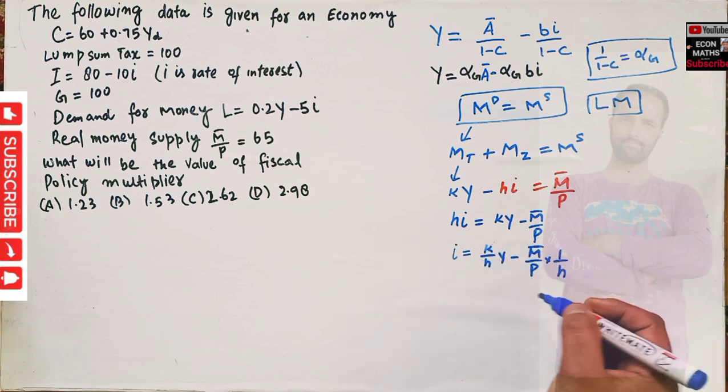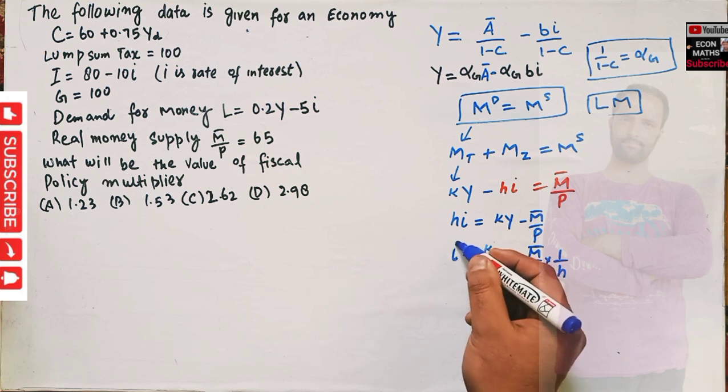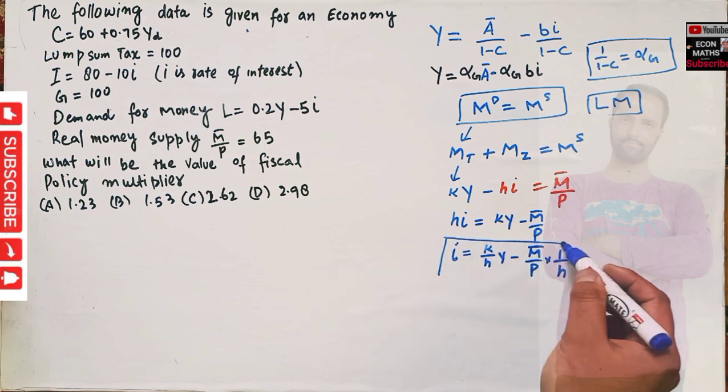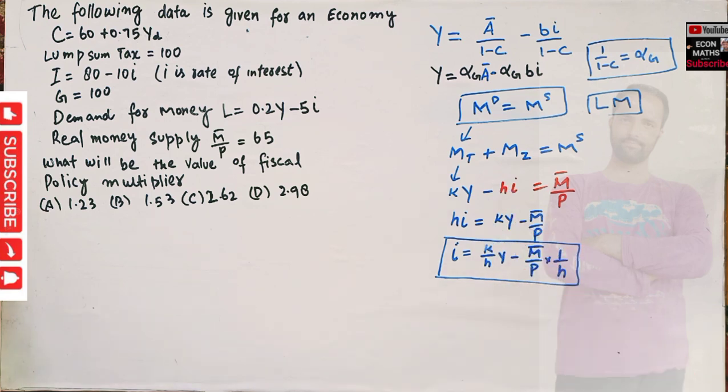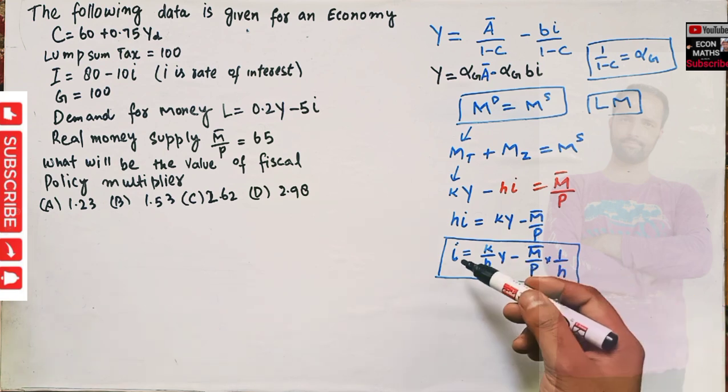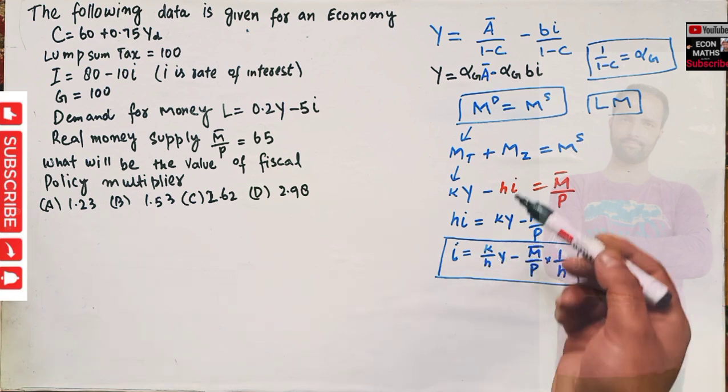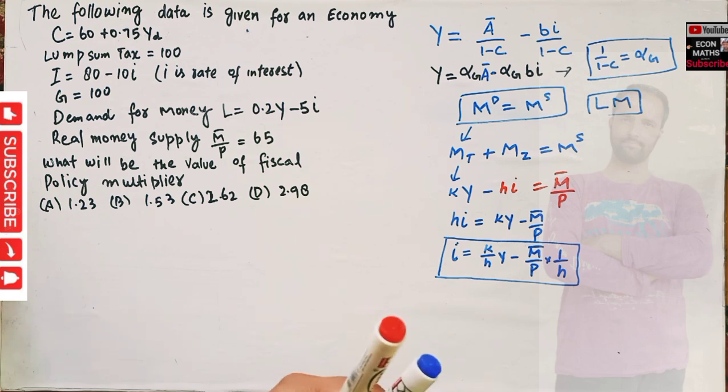So we solve this function for the rate of interest. Now what we need to do is put this value of i into our IS equation.